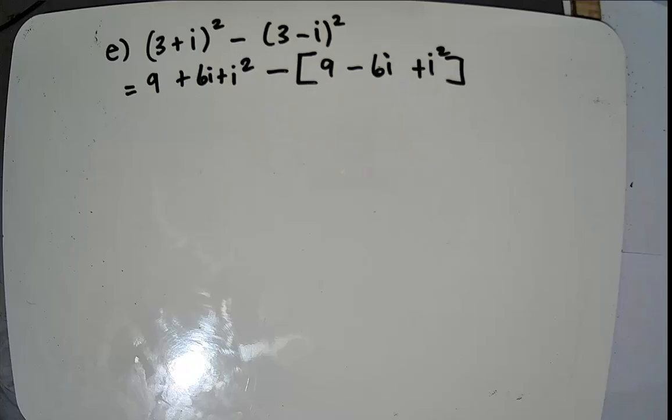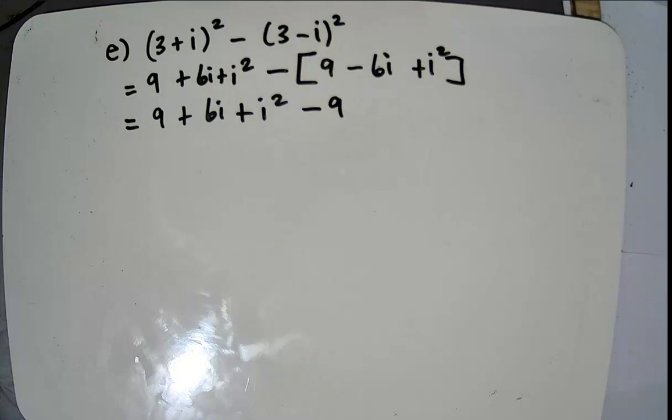Pause the video at this point and see if you can continue, and then mark it to see if you were right. So we have 9 plus 6i plus i squared. We will have to distribute this negative to each term. So a negative times a positive 9 will give us negative 9.